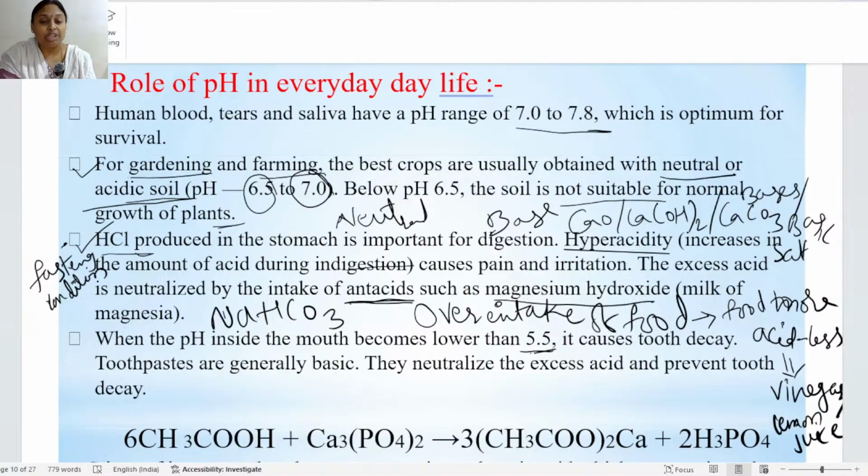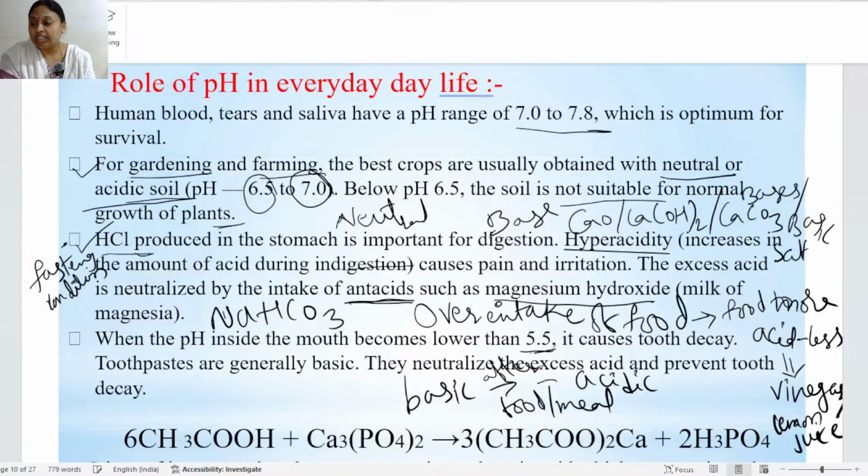It is going to react with the acid. Earlier, the pH of the mouth before taking the food is basic, but after the meal, it turns acidic.